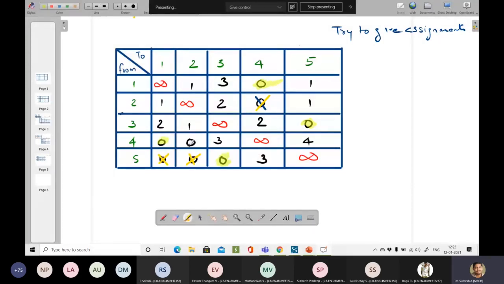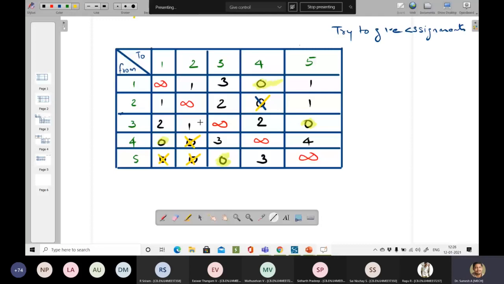Now, what is the situation? Do we have assignments on every row and every column? We don't have row 2. Row 2 is unassigned. So what to be done?